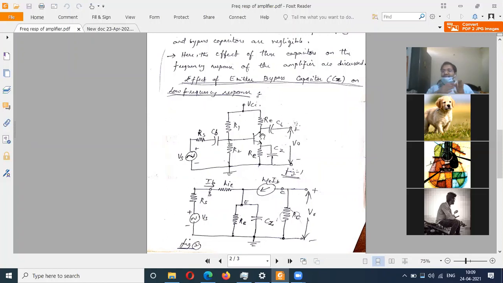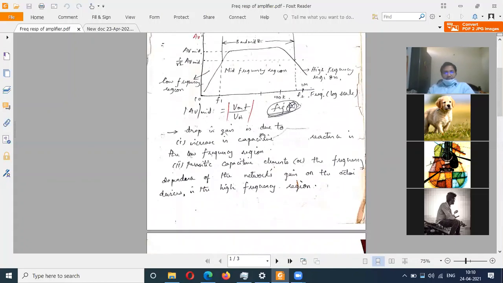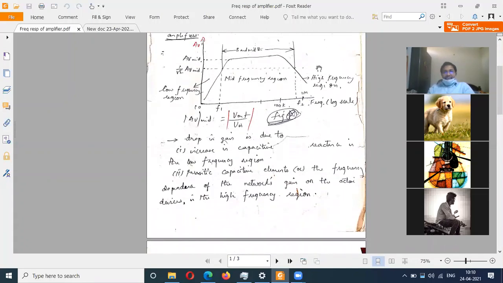They give a capacitive effect at very high frequencies. At very high frequencies, those junction capacitive effects are seen, and they are responsible for the gain changing with frequency.